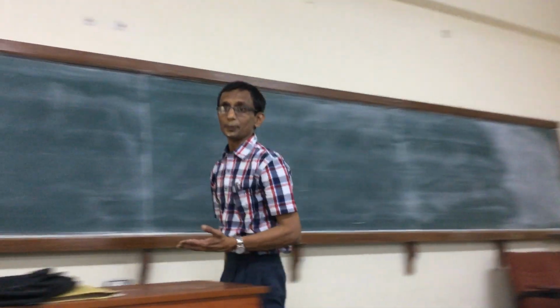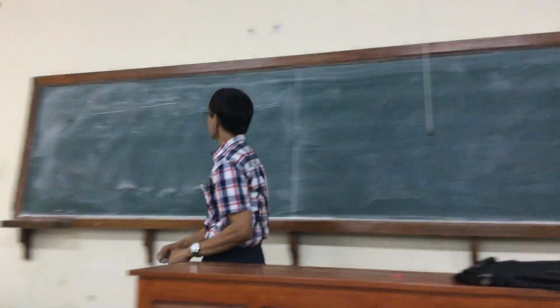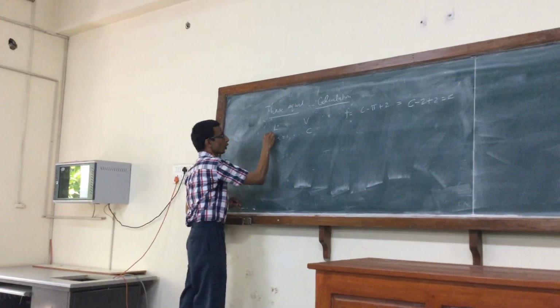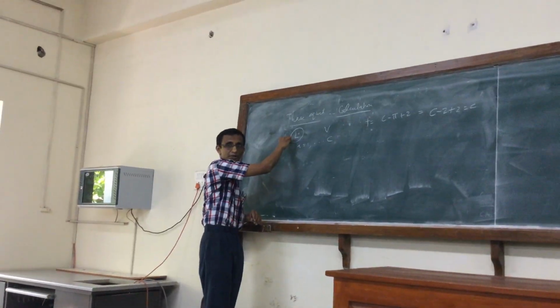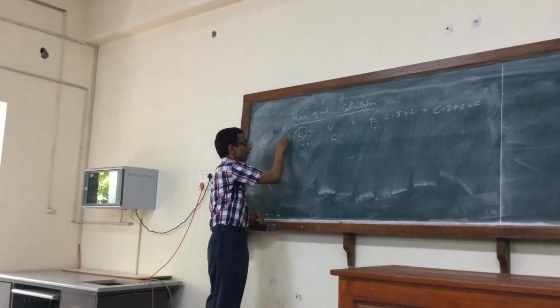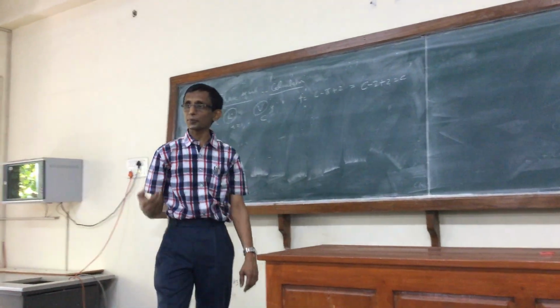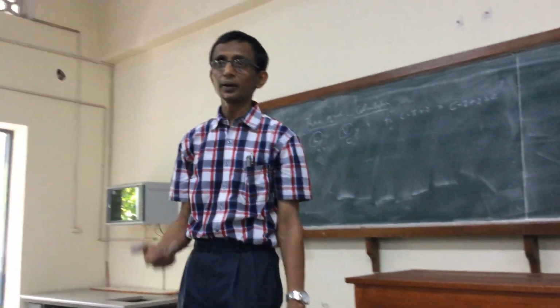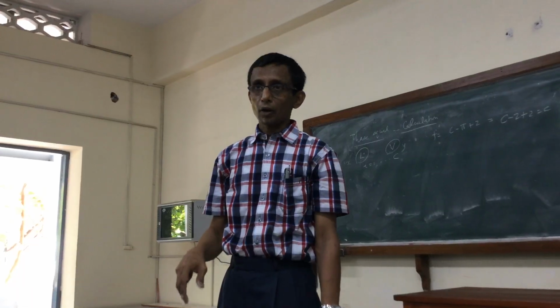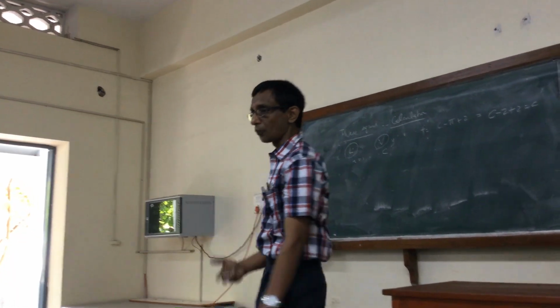Now what are the variables? I'll denote all the compositions, mole fractions in the liquid phase by x and in the vapor by y, and the subscripts will determine the component, the mole fraction of which component, right?